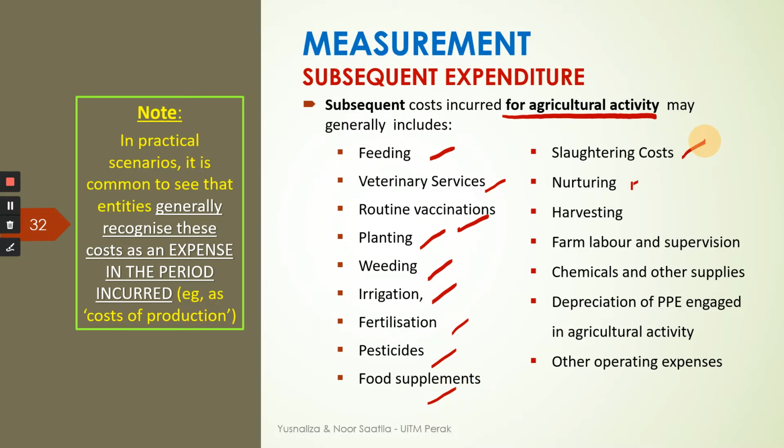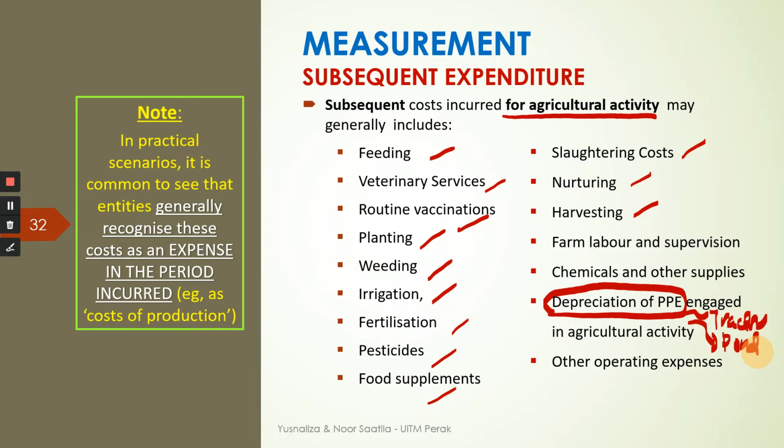Slaughtering cost, it is not free to slaughter, nurturing, harvesting, and the list goes on. And you have one item here, depreciation of PPE. Let's say the tractor in our example before this, or depreciation related to the pond that was used for breeding. So those depreciation are also part of subsequent expenditure.